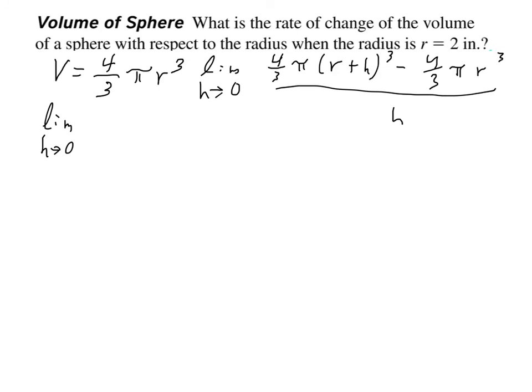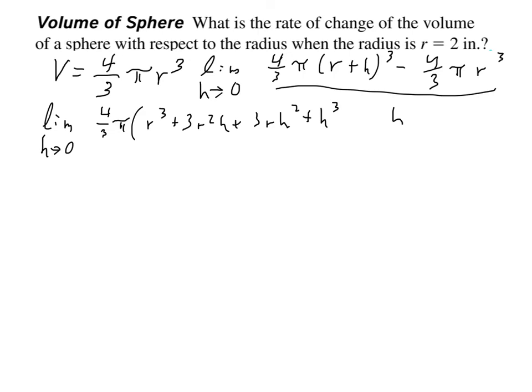well, if you cube that r plus h, you get 4/3 pi times r cubed plus 3r squared h plus 3rh squared plus h cubed.